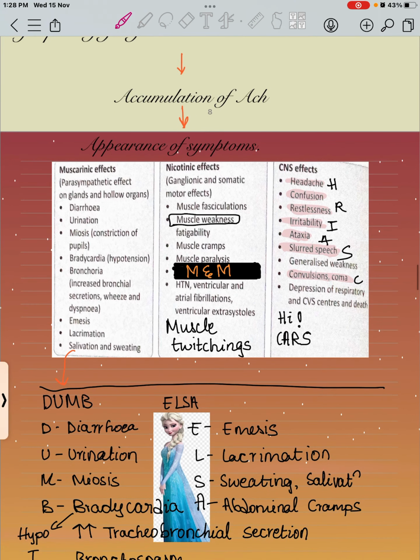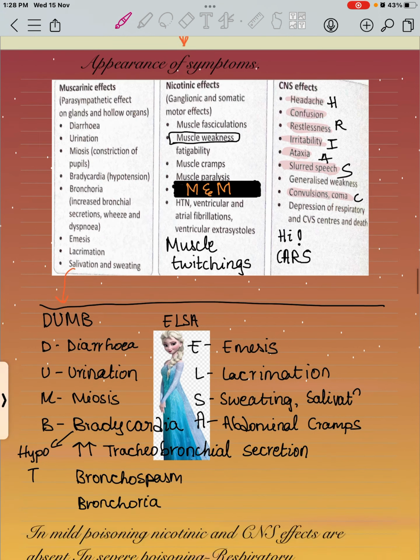The symptoms are muscarinic symptoms, nicotinic symptoms, and CNS symptoms. Muscarinic symptoms appear due to parasympathetic effects on glands and hollow organs because of accumulation of acetylcholine at the myoneural junction, and nicotinic effects appear due to ganglionic and somatic motor effects.